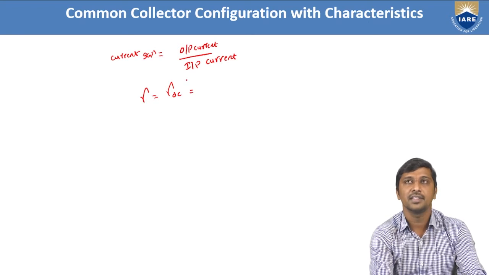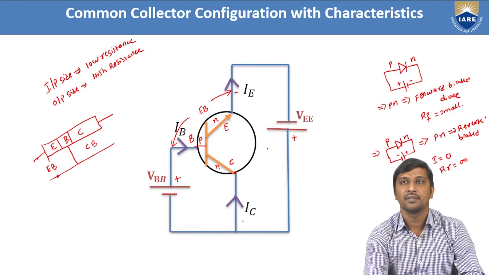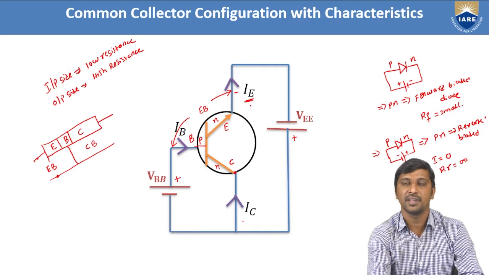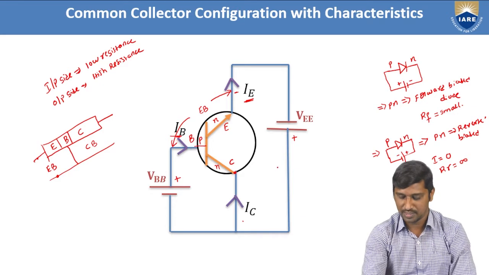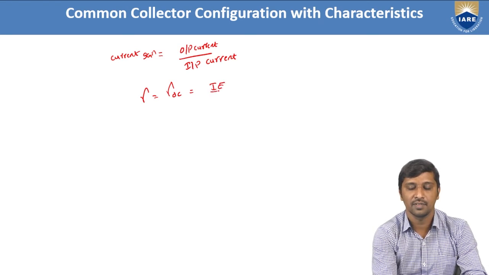Based on the definition of current gain, it is the ratio of output current to input current. If you observe the common collector configuration, the output current is the emitter current, and the input current is the base current. So IE is the emitter current and IB is the base current.